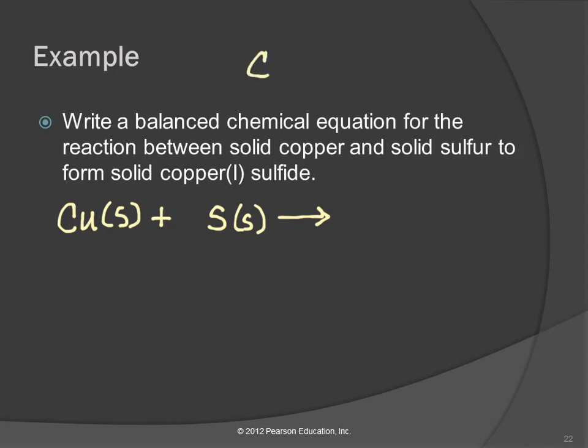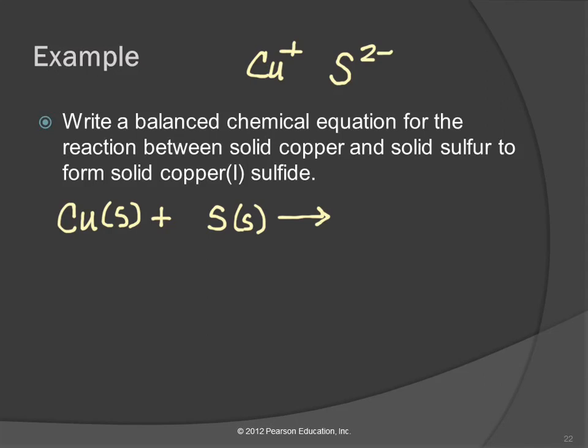Well, copper 1 is copper with what charge? +1. The Roman numeral tells us the charge. Sulfide is an ion, and what charge does sulfide have? You have to look at the periodic table. -2. So 2 minus. And then we look at the charges on these guys. This one's -2, this one's +1.